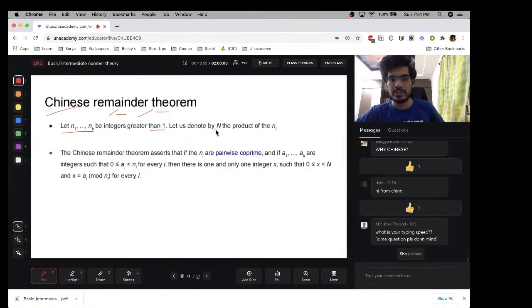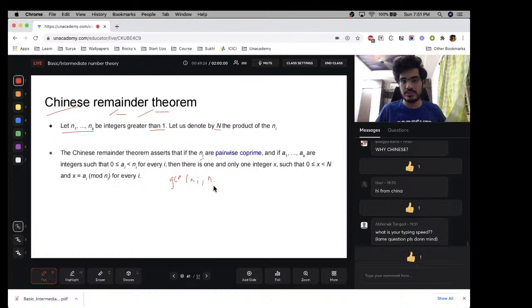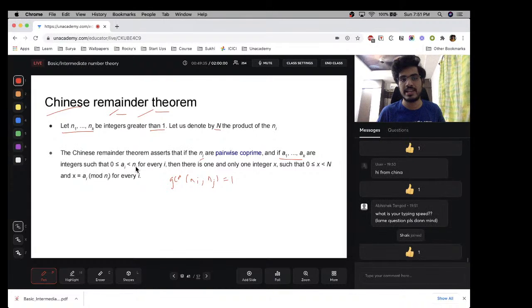Let us denote their product with capital N. The product of n1, n2, n3, and so on up to nk is capital N. The Chinese remainder theorem asserts that if all the ni are co-prime pairwise, that means GCD of ni and nj equals 1 for all i and j, and if a1 to ak are integers such that 0 less than ai less than ni for every i, then there exists only one integer x such that 0 less than x less than N, where x equals ai mod ni.